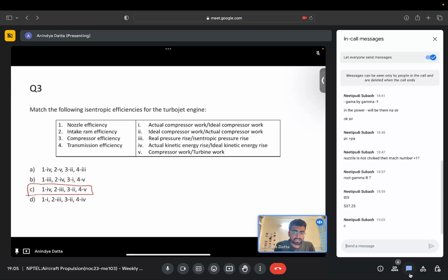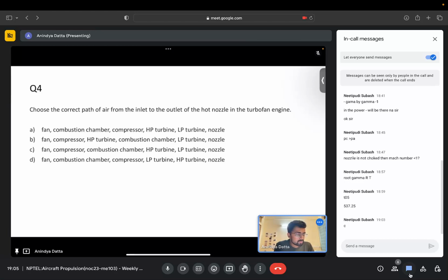Transmission efficiency is a mechanical efficiency accounting for the losses due to friction in the transmission shaft, and that is generally around 98 to 99%. Okay, moving on to the next one.